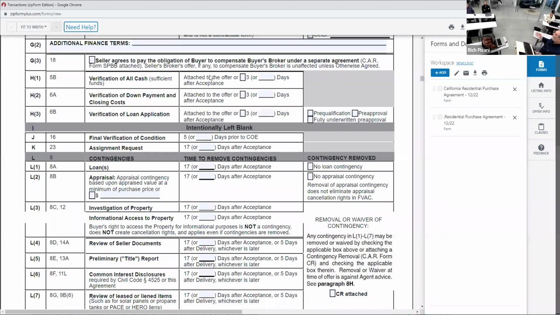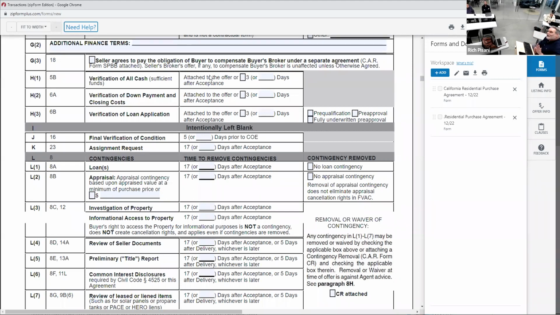Pre-approval is I've looked at the documentation, and based on the documentation, you can get this loan. Then there's the full underwritten pre-approval. That means the underwriter, the person who really digs deep, says yes, you have got this loan, basically.